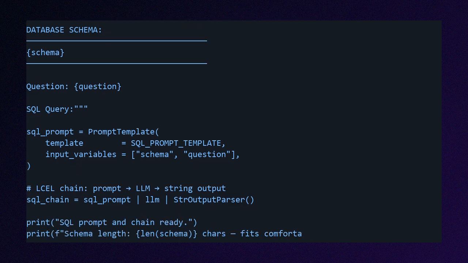We can check if the LLM output starts with not SQL and handle it cleanly. No try except around broken SQL. No runtime errors. Just a clear branch. The chain uses LCEL, the modern LangChain pattern. Schema and question feed into the prompt feeds into the LLM, output is parsed to string.